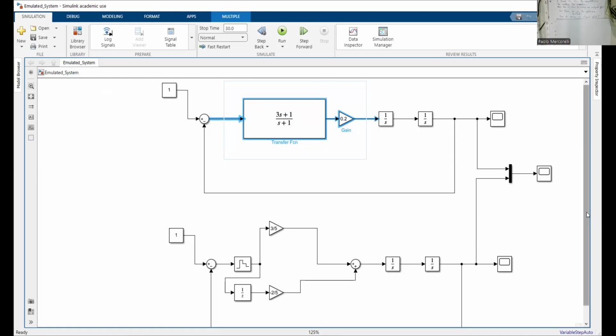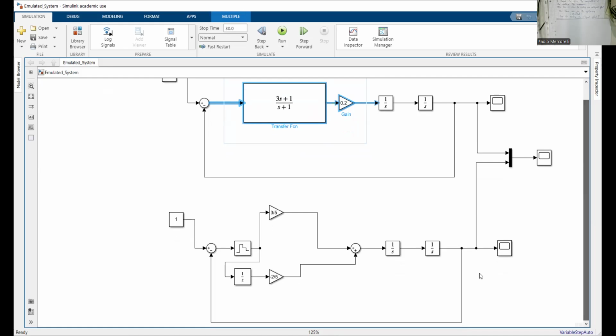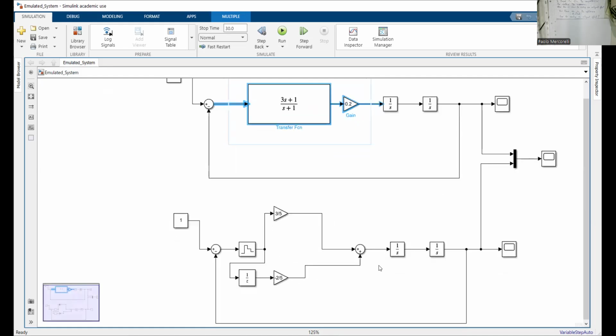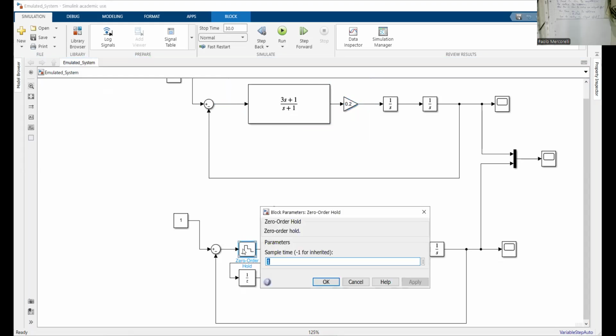And look, what we have here is exactly what I told you until now, but with T equal 1, I think. Let me see. Yeah, with T equal 1.